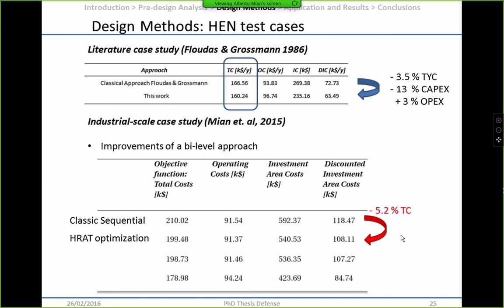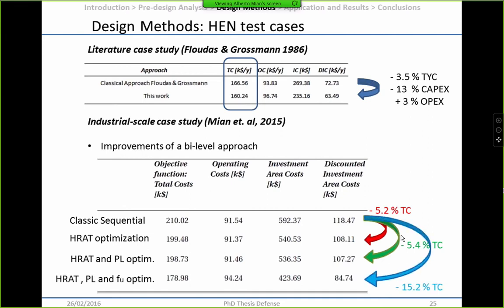By including penalty level, I reached just a slight improvement, but by including the utility, which was not highlighted in the previous case because the number of utilities was very small, it was possible to improve the total cost, so the objective function of the problem, by more than 15%. Practically, this means that we are able to solve the same problem but giving a better solution, which means a solution that will be more profitable than the one given by a classical sequential approach.